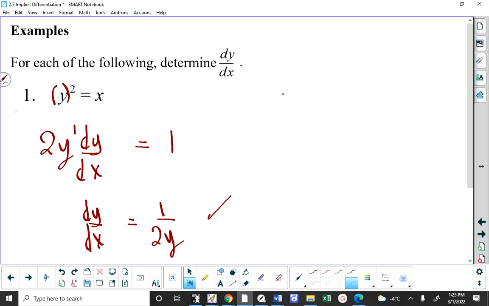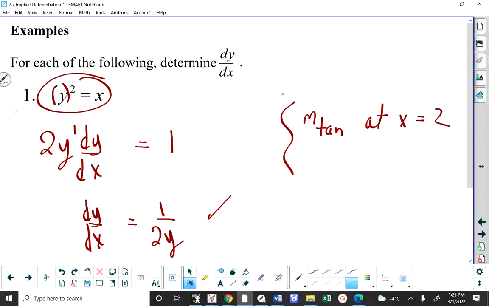If I said to you, find the slope of the tangent to this relation at x equals 2, you cannot answer that question. That's a bogus question. It's unanswerable.